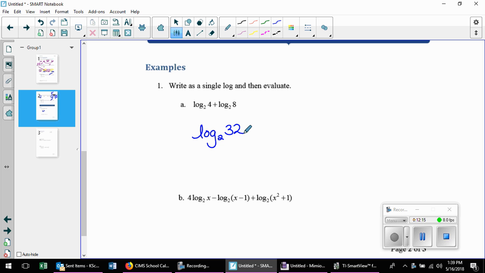What do we do? Exponential form. So what is it? 2 to the exponent some variable k is equal to 32. So for us mere mortals who need the extra step, this would be 2 to the exponent k.